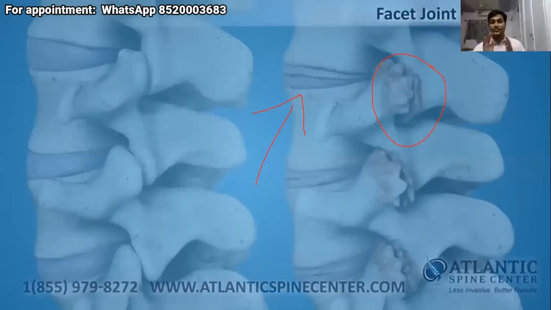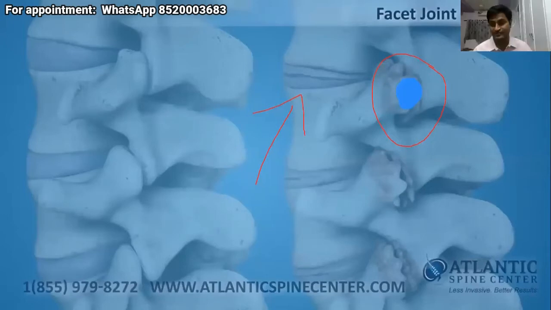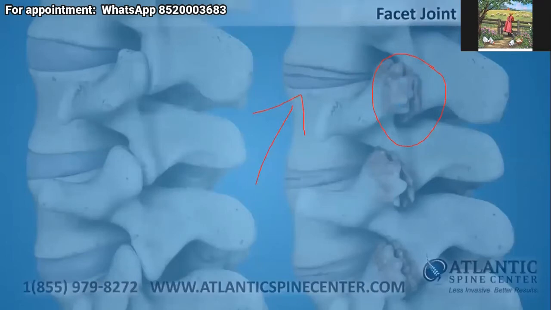I will ask you a few questions. If I ask the patient to use a finger and point me to the point of pain, will he be able to do it? In lumbar disc pathology, no. Not in this second stage. In the third and fourth stages?